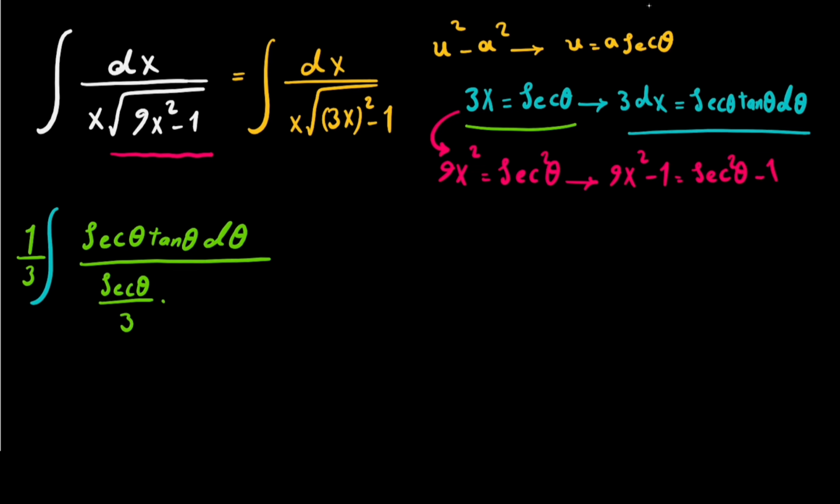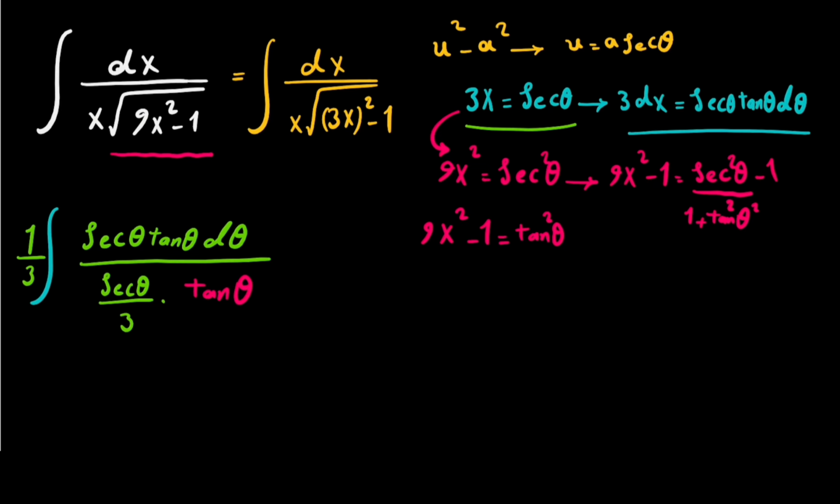And of course, you know that secant theta squared minus 1 equals tangent theta squared. So 9x squared minus 1 will be equal to tangent theta squared. So it means the square root of 9x squared minus 1 will be equal to tangent theta.